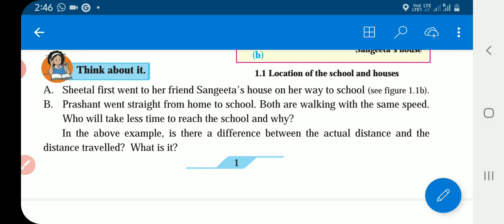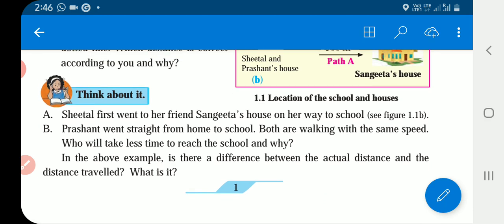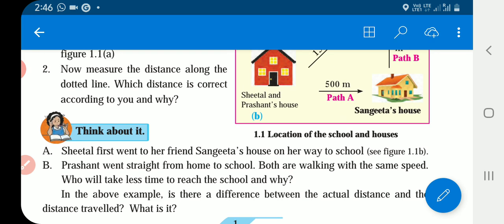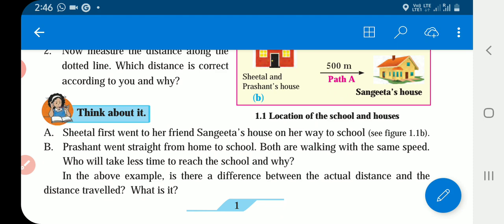Prashant went straight from home to school. Both are walking with the same speed. Who will take less time to reach the school and why?